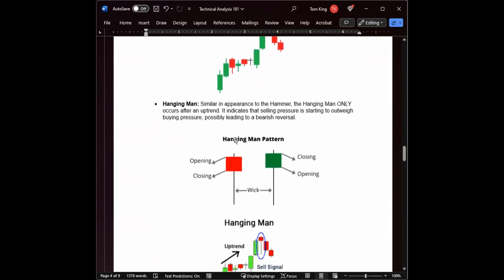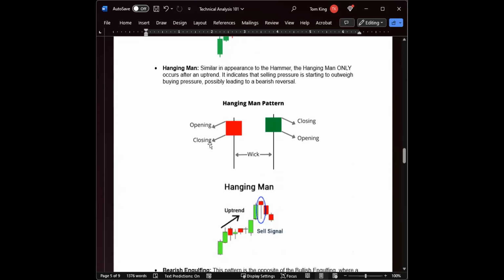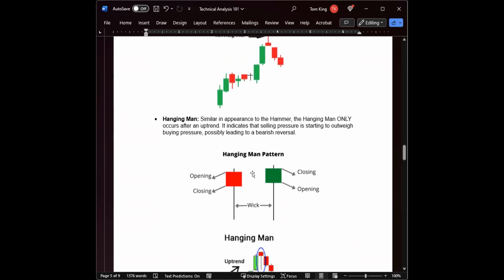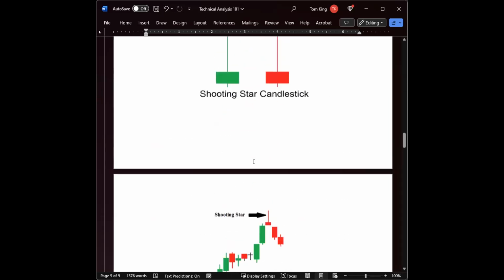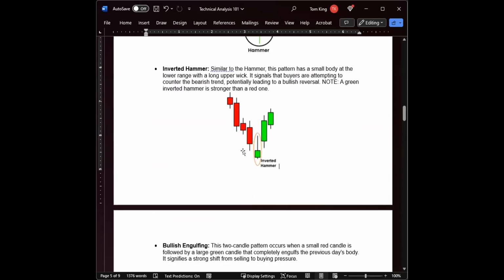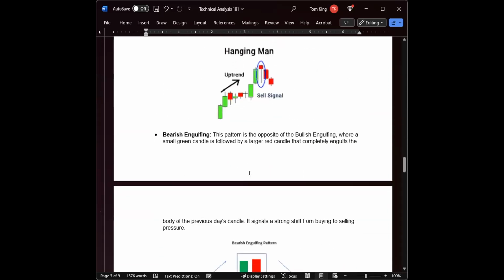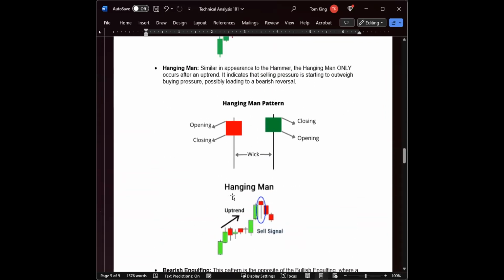And then the hanging man is pretty much the same thing as the hammer, but it could appear at the top, just like the inverted hammer here, and essentially this would mean a bearish reversal as well.